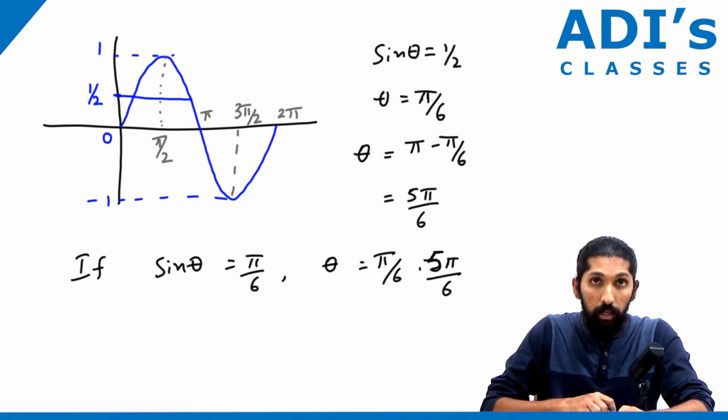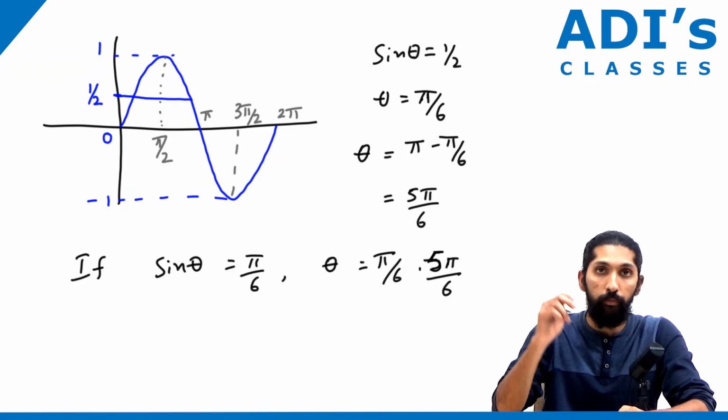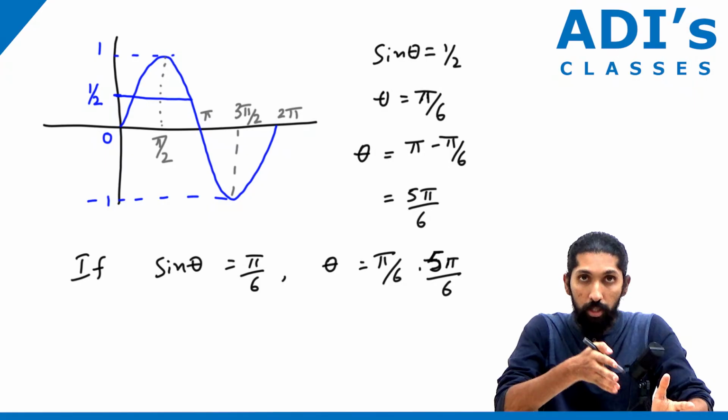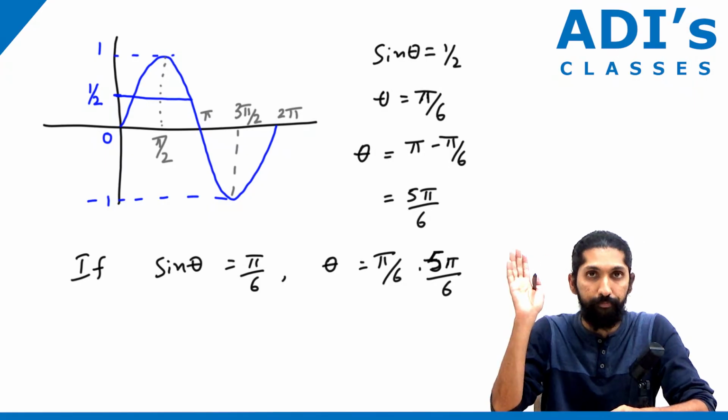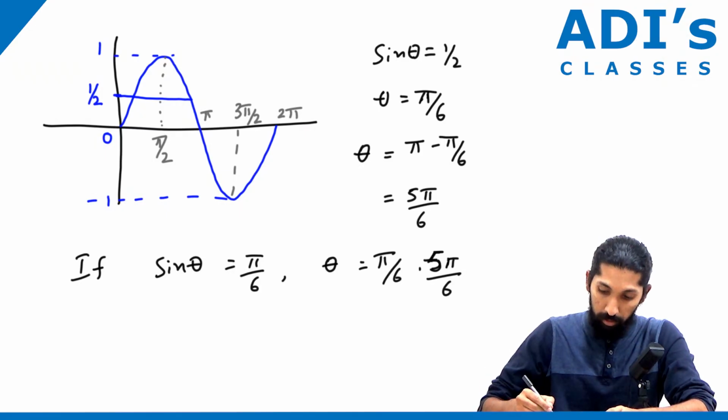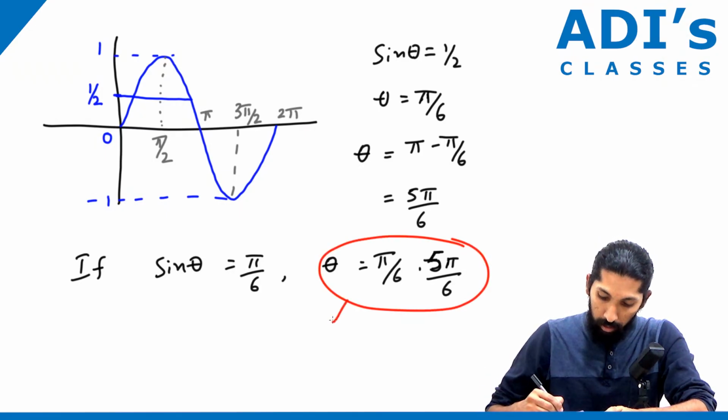So these are the two values of theta for which sine theta will be equal to half. Now, these two values we got here are what we call principal values.